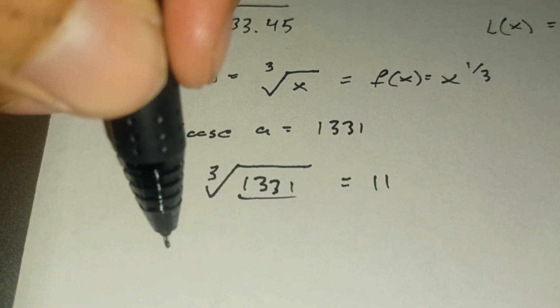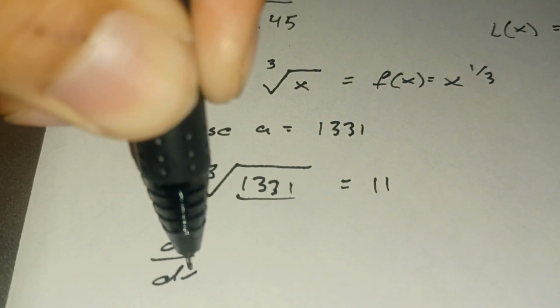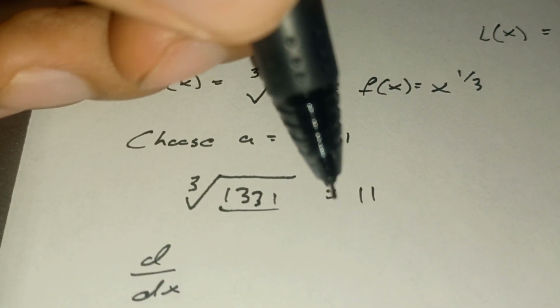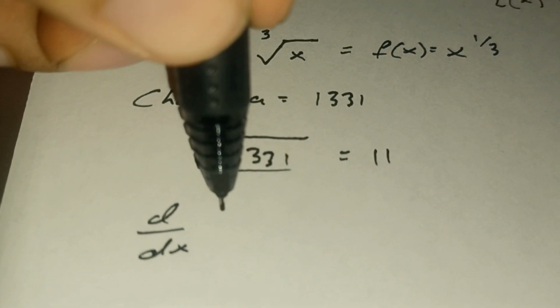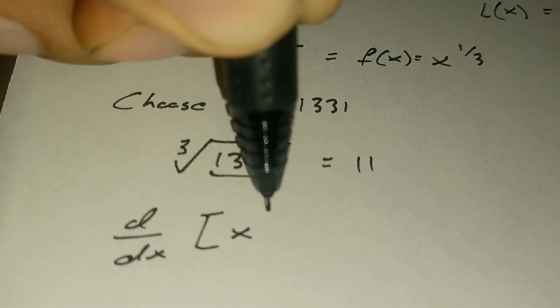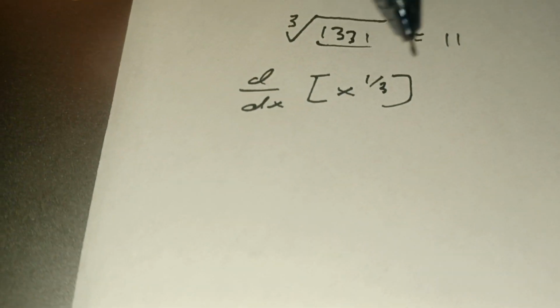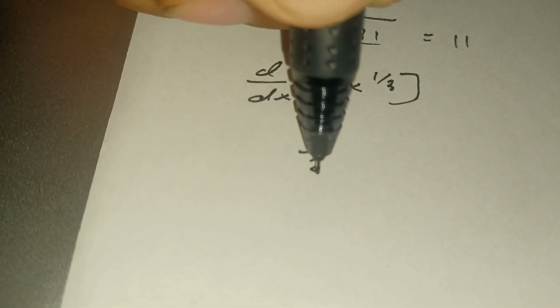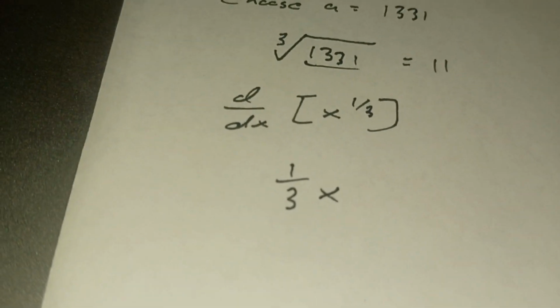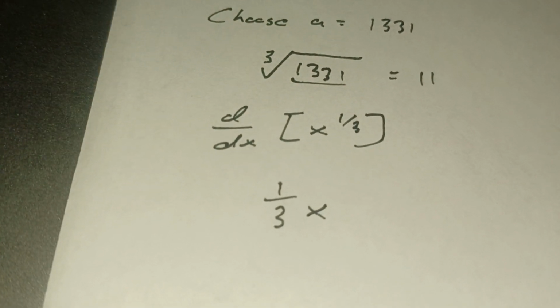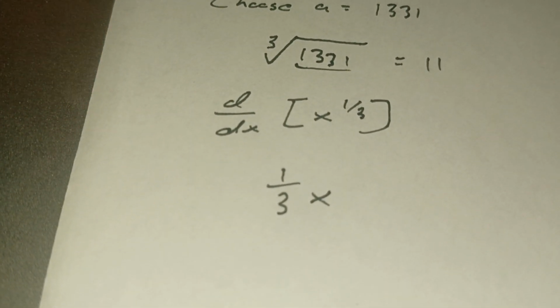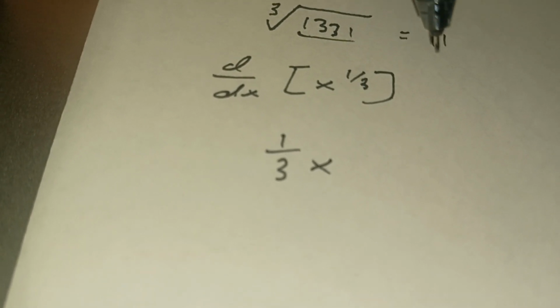The derivative of f of x, which is x to the 1/3 power, is equal to 1/3 x to the 1/3 minus 1, using the power rule. 1/3 minus 1 is negative 2/3.